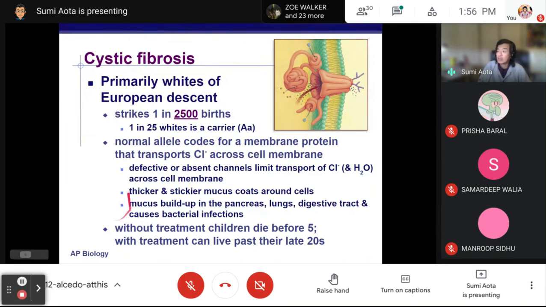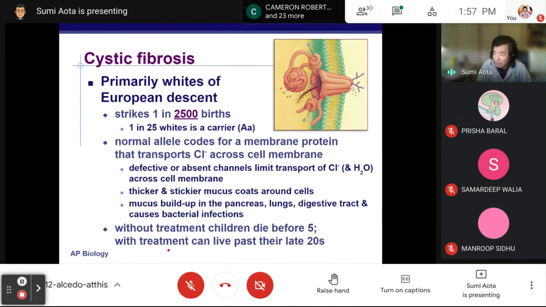That results in a thicker and stickier mucus coat around all the cells, and that mucus buildup causes problems in the pancreas, lungs, and digestive tract, and causes bacterial infections because the mucus now allows bacteria to land on it and start growing there more easily. It causes a lot of problems.